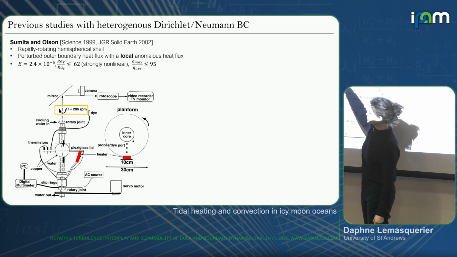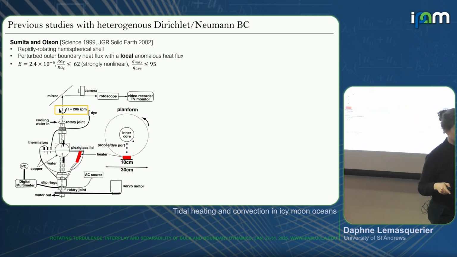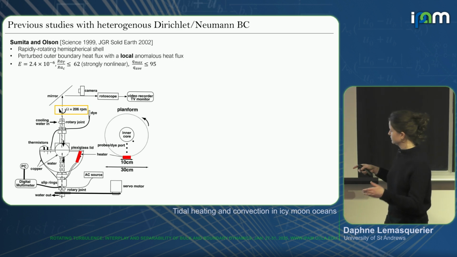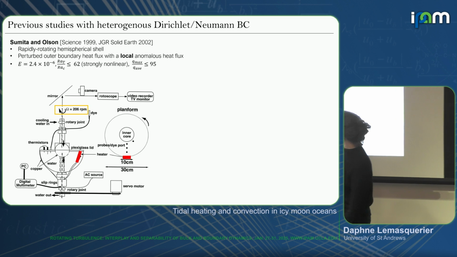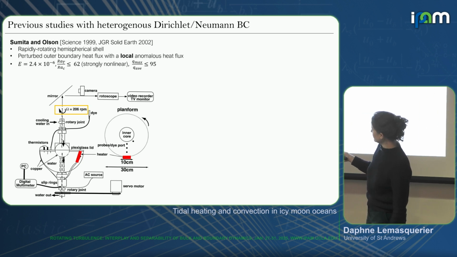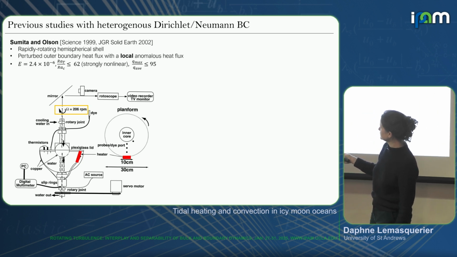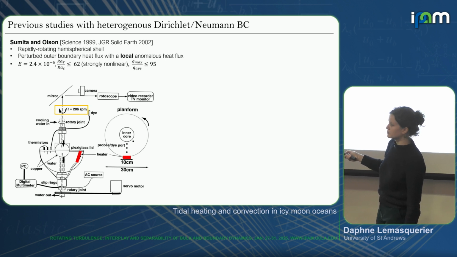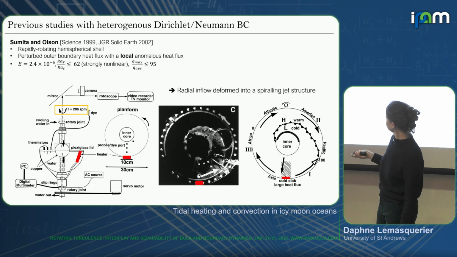It rotates at 200 RPM, so we're definitely in a regime where centrifugal buoyancy is dominant compared to the Earth's gravity. And they impose a heterogeneity by placing a rectangular heater on the boundary of this hemisphere. Okay? And this is what you would get from an equatorial slice.